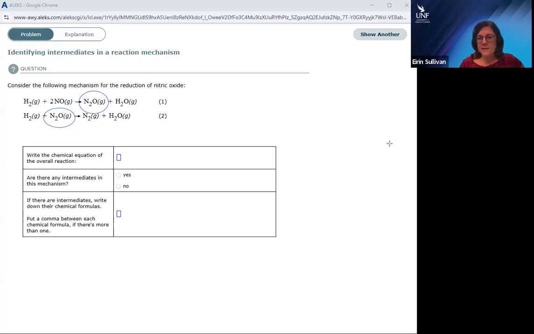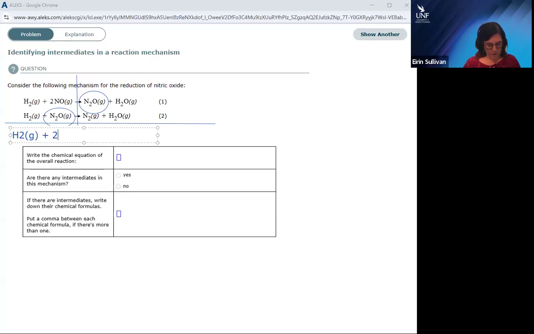So how do you add together reactions that happen in multiple steps? You just sum everything. Everything on the left-hand side of the reaction arrow is going to be a reactant in our overall reaction. It's just like a mathematical equation: you gather like terms and cancel anything that appears on both sides.